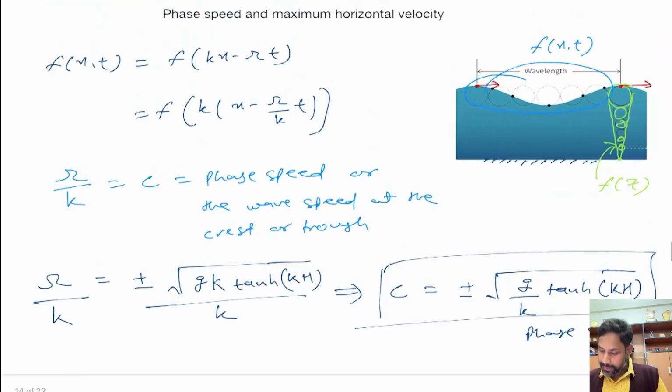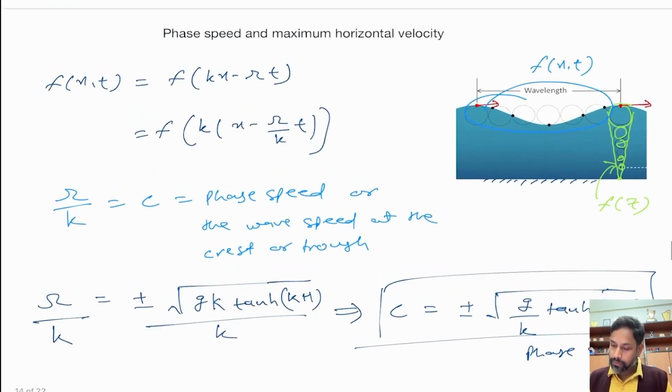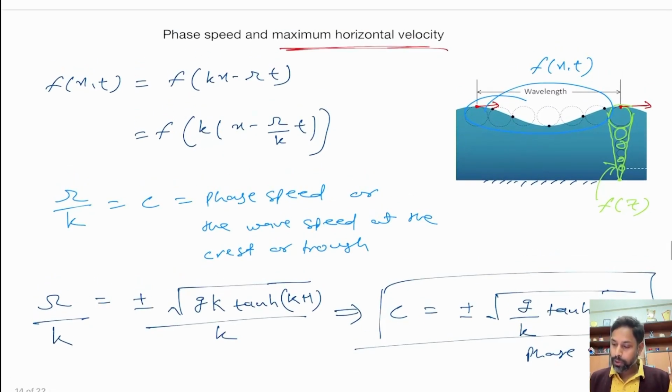All right, so that is the phase speed, and now we have another thing that is called maximum horizontal velocity, right? So at each point, as we see here, velocity is maximum at the top, and as we go down it slowly decreases, right? So now let's see how this function is decreasing and what is its maximum value.